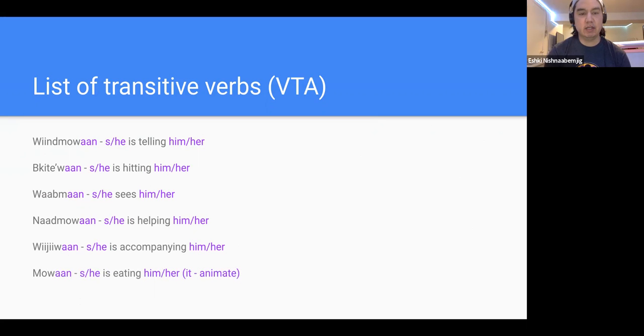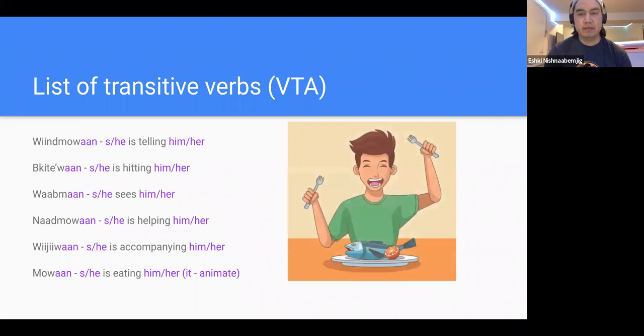Moan, she's eating him or her, or it, animate. Moan gikoyin. So in this case, we think of, oh, he's eating a person, but there's also food that's considered animate.